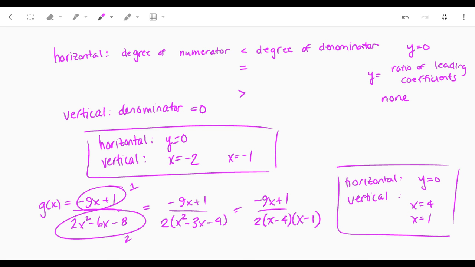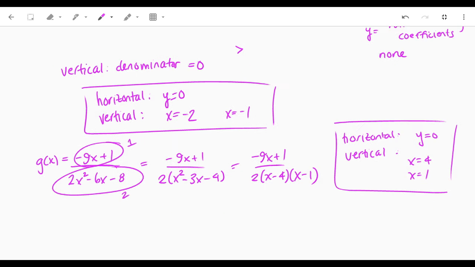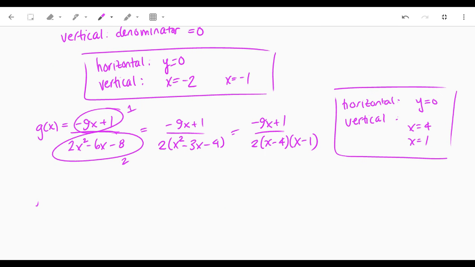Okay. We'll get one more up here. We have f of x is x squared plus 2x minus 3 over negative x squared plus 4. Okay, horizontal, since the degrees are the same, the numerator is second degree and the denominator is second degree, ratio of those leading terms, so 1 over negative 1.